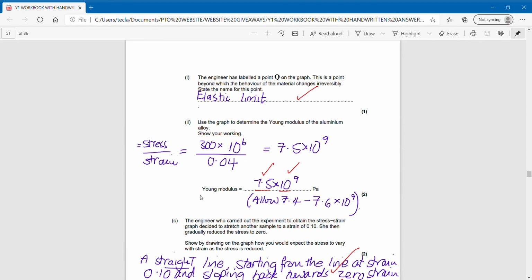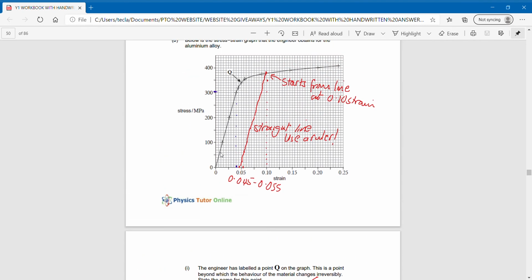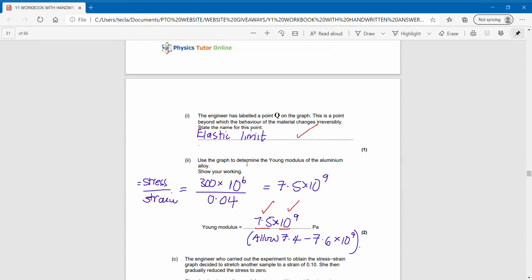Use the graph to determine the Young modulus of aluminium alloy, show your working. So we know that its Young modulus is found from the gradient of the initial straight section. So we're going to have to take a value of stress and read off the value of strain, and then do stress divided by strain to find that value. So it's 300 times 10 to the power of 6 divided by 0.04 is one pair of values, equals 7.5 times 10 to the power of 9 pascals.